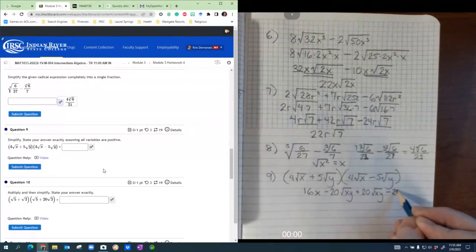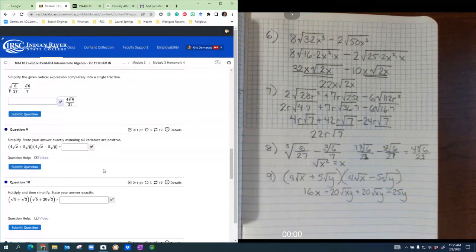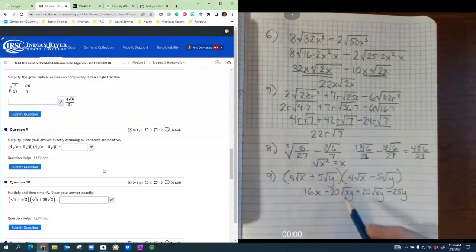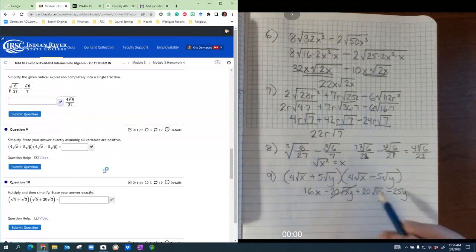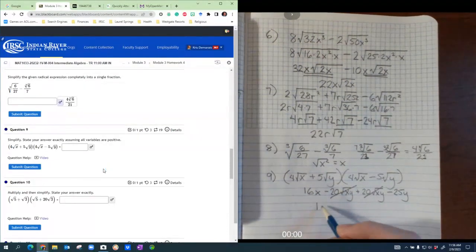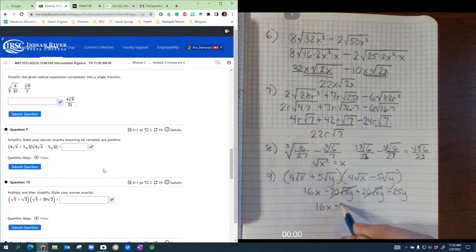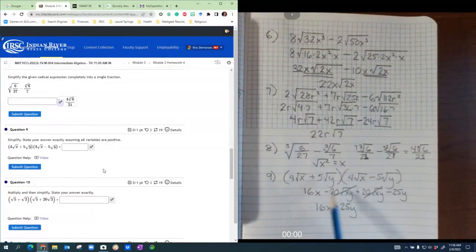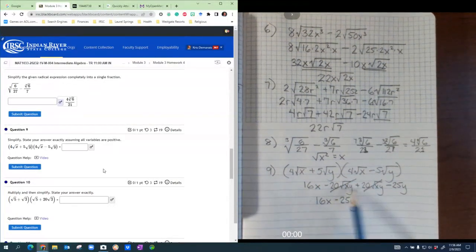I'm going to get negative 25 y. Now, I'm going to recognize that these are opposite of each other. And since these are opposite of each other, they can cancel each other. And that leaves me with 16x minus 25y.